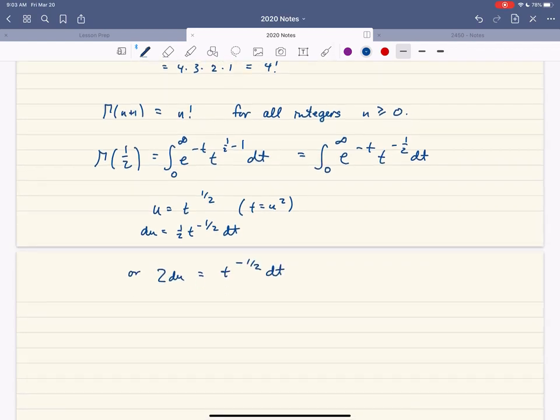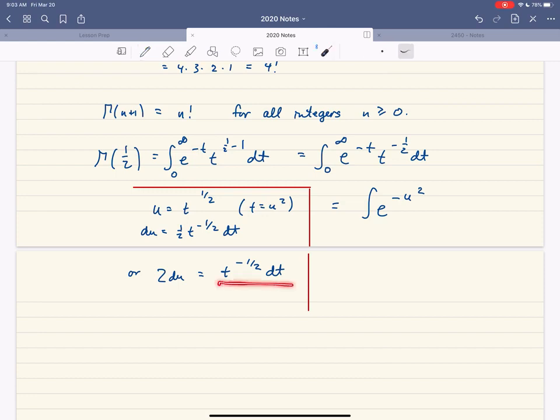And so if we plug these values in, we'll have to change our bounds, but we get the integral of e to the negative u squared, and t to the negative 1/2 dt very nicely just becomes 2 du. So I'm going to put the 2 out front.